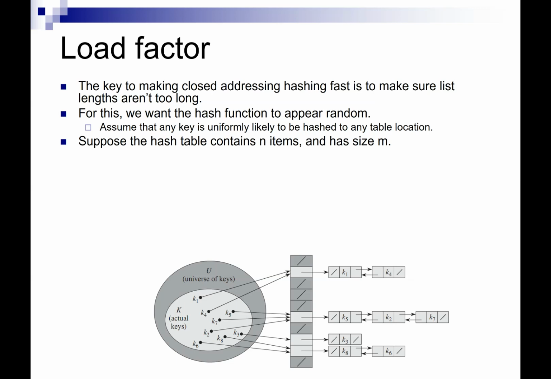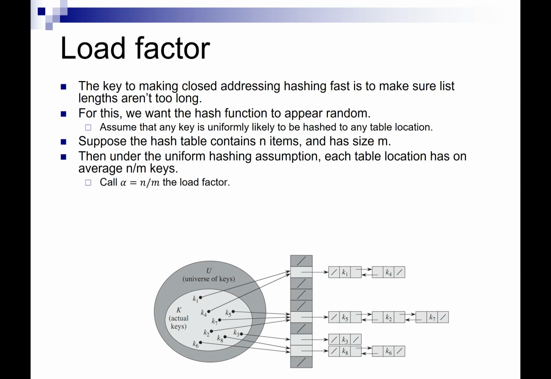The reason we want this is that suppose you have a hash table with n items in it, and suppose the hash table has size m. Let's say you have a hash table of size 100, and you've already put 200 items into the hash table. If we have this uniform key assumption, meaning that any key gets put into a random location, then on average, since you have n items and m possible locations for each item, each location is going to have n divided by m keys in it.